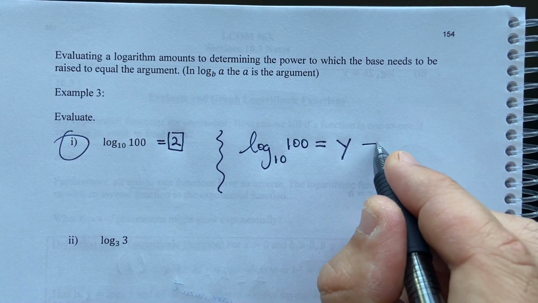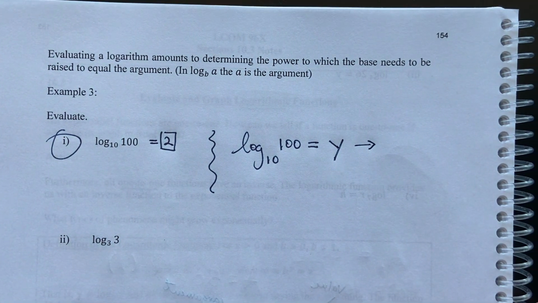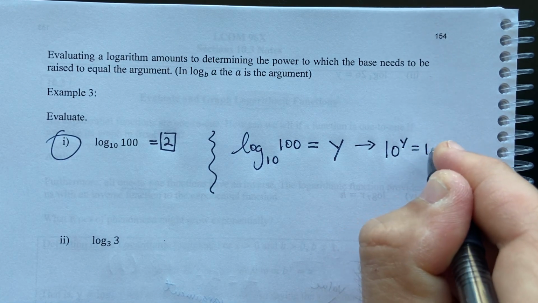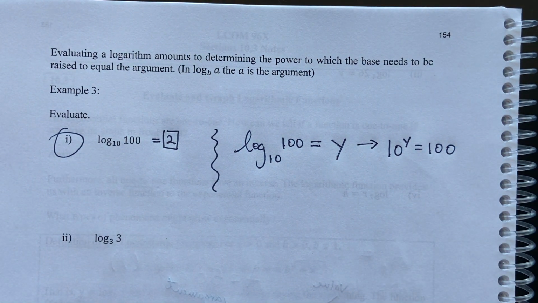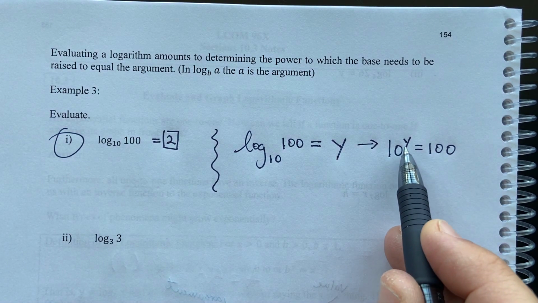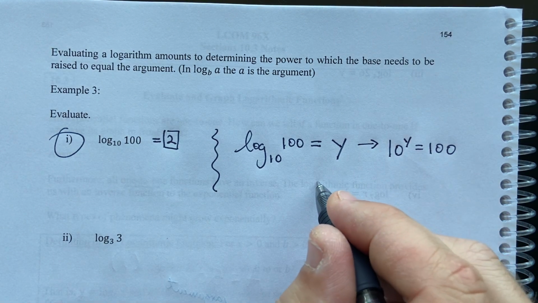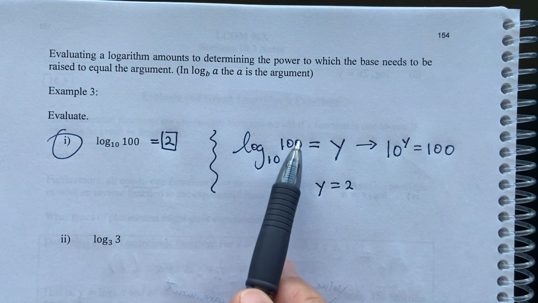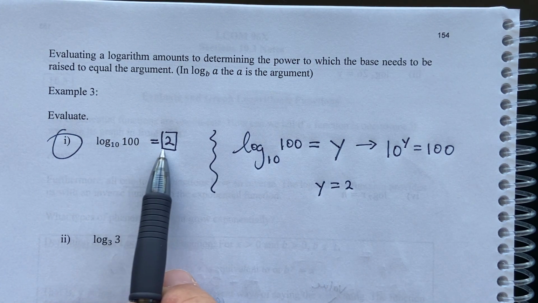If I convert this now to exponential form, we would have 10 to the y equals 100. So now can you figure out what y is? I would need to square 10 to make 100. So this would tell me that y is 2. In other words, this whole thing, since it was equal to y, is equal to 2.